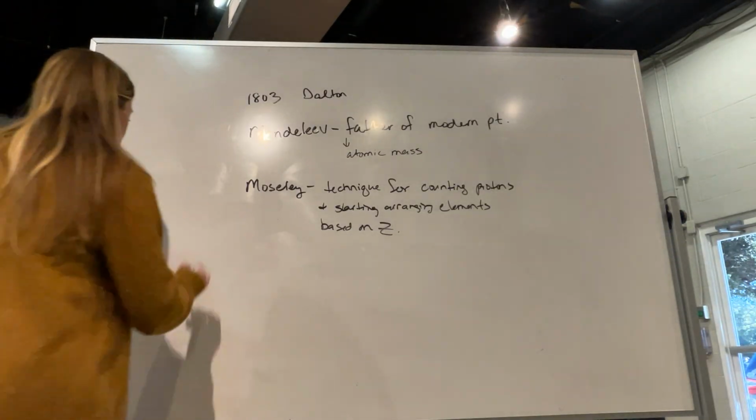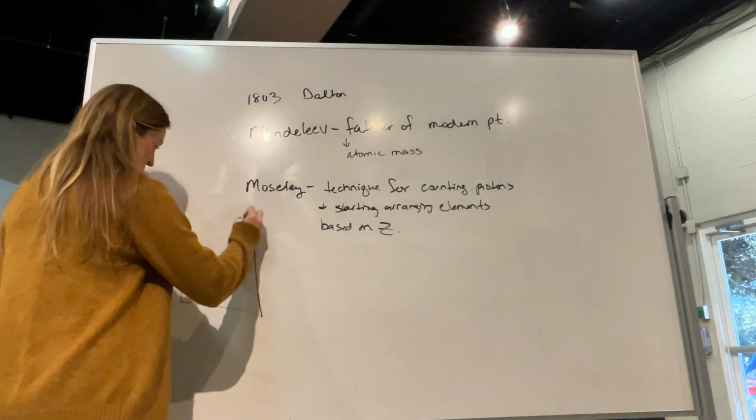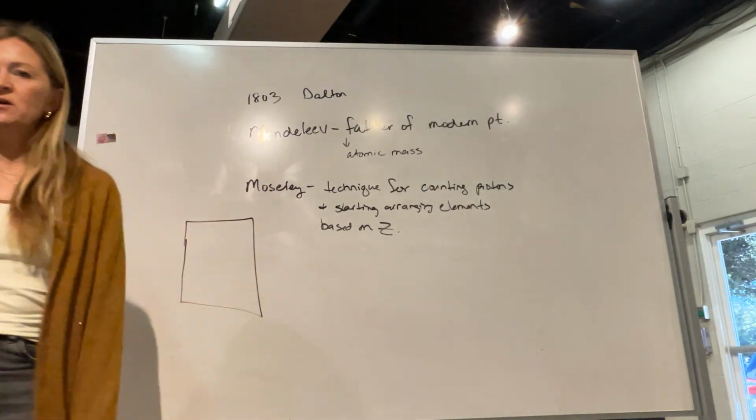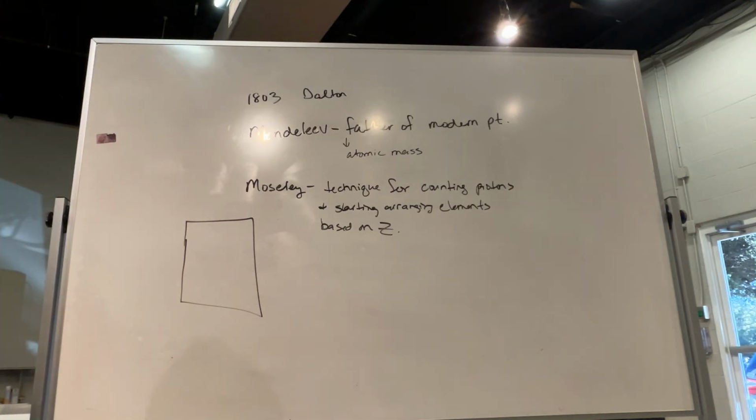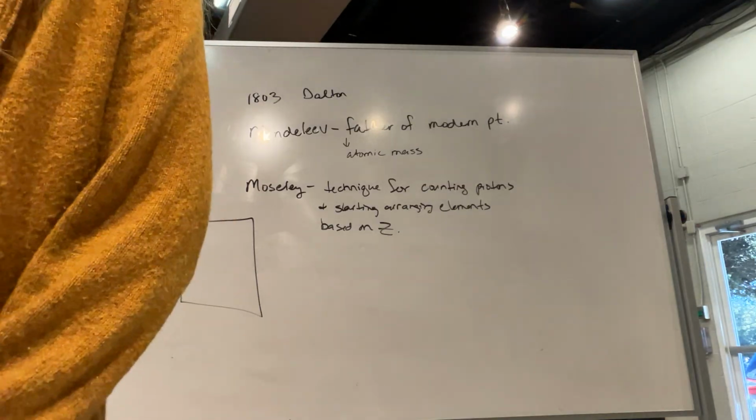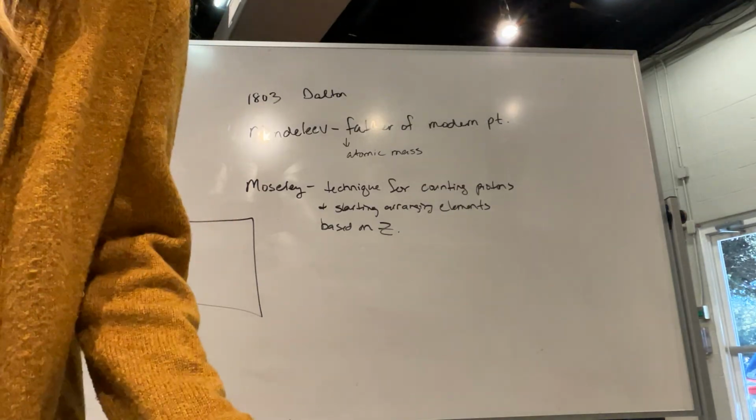All right, so he also started developing the element box itself too, okay? So the example that they give you in the book is calcium. We can look at that, but I'll probably do another one.